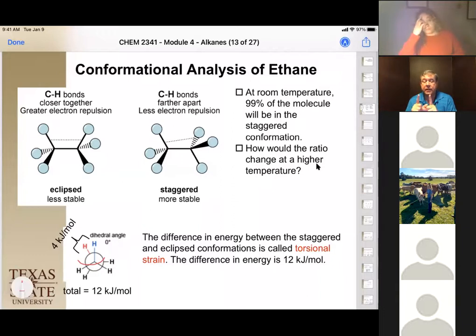And each of those hydrogen pairs takes 4 kilojoules per mole, and we have three sets of hydrogens. So the total energy difference between them is 12 kilojoules per mole. Just the one hydrogen-hydrogen interaction is 4, but we have 3 of them. So the total energy required is 12 kilojoules per mole. So we have to have enough heat in our system to allow for this energy difference to occur.